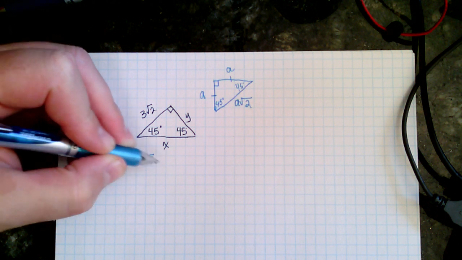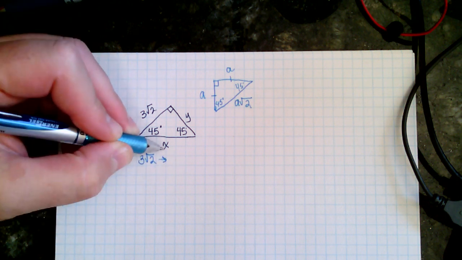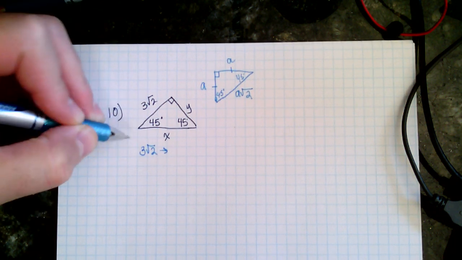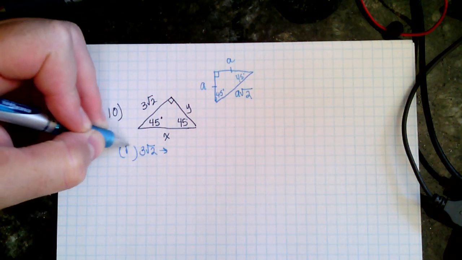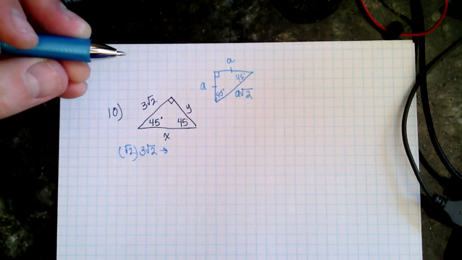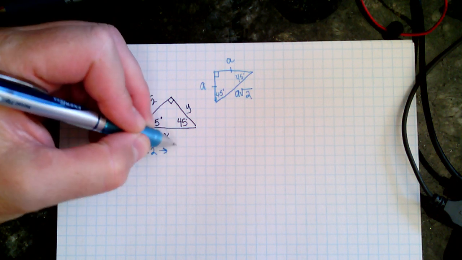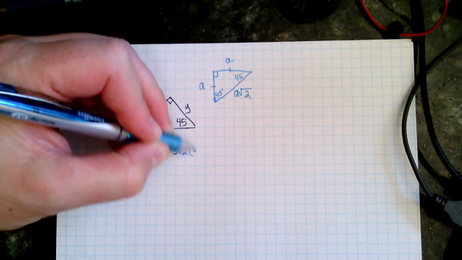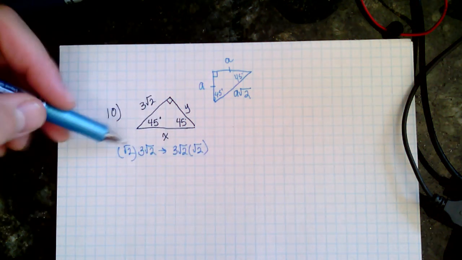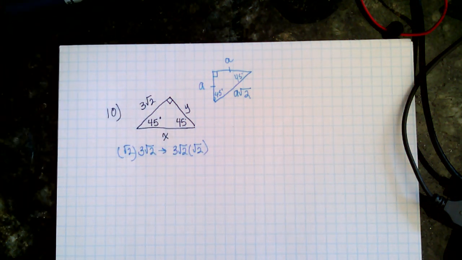So in order to get to the hypotenuse, we have to take whatever the side length is and multiply it by root 2. If it's 3 root 2 already, then 3 root 2 becomes 3 root 2 times root 2. So I kept the whole equation balanced.